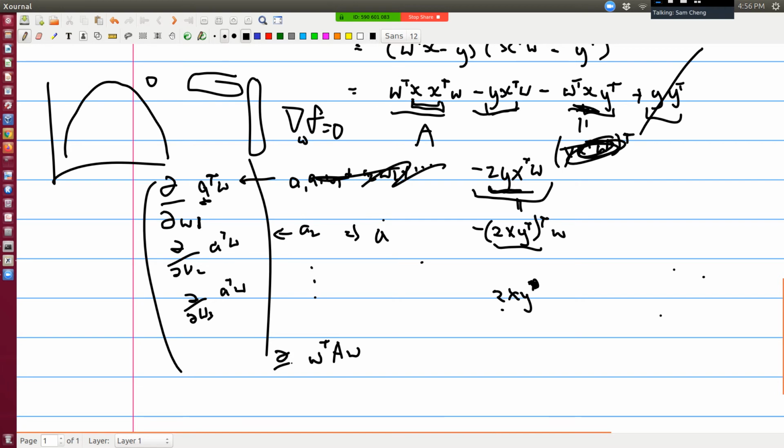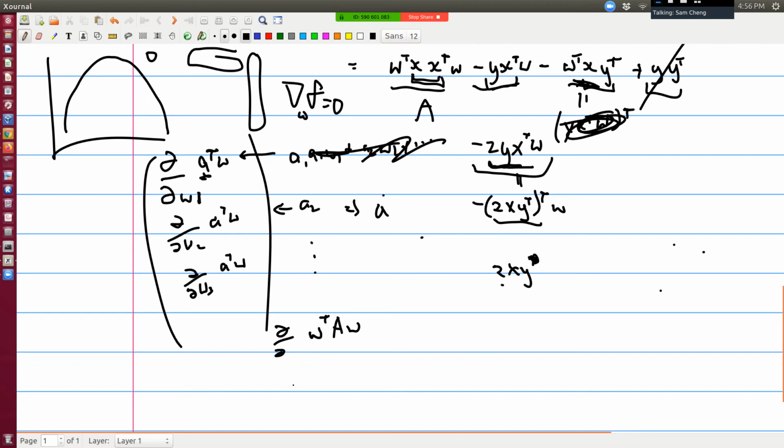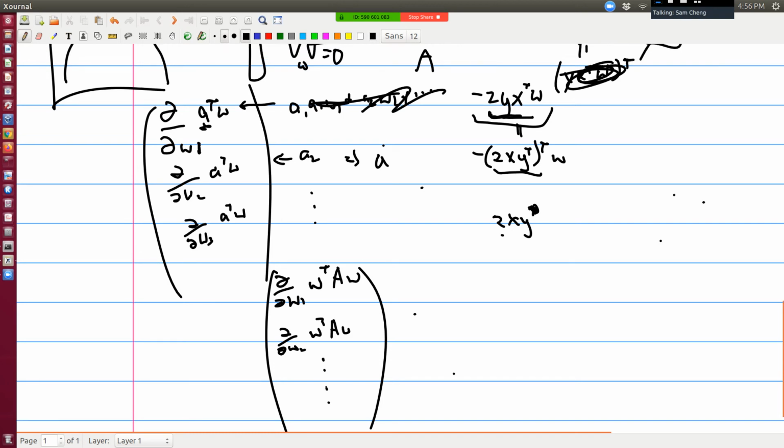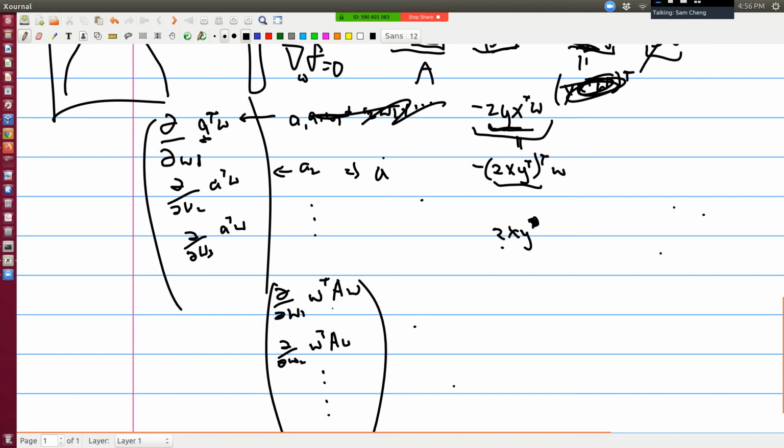If I want to compute the gradient again, I should do something like that, with W1, W2, and so on. So just look at the first element to see what we get.